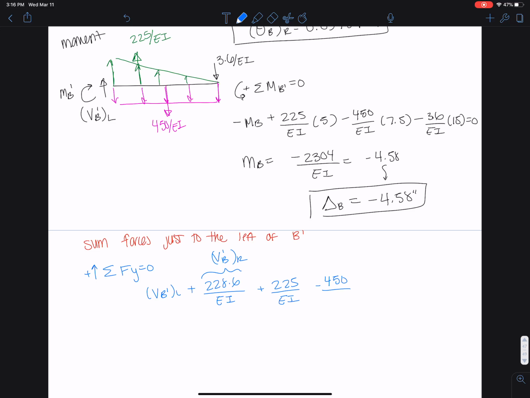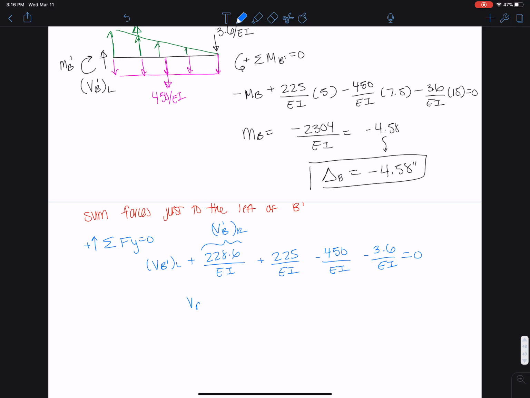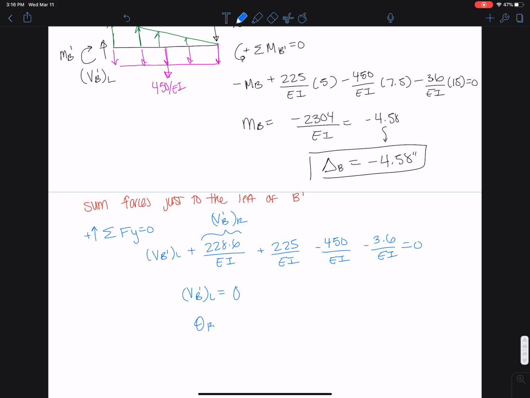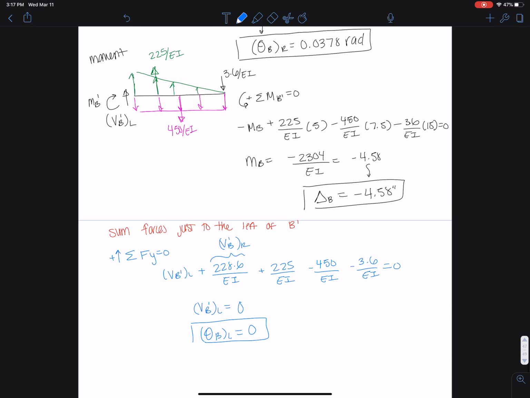I'm now just including that pin, or that internal hinge. Everything else stays the same, okay? And I can get VB prime to the left now is actually equal to 0. This all cancels out. So I end up getting that theta B at L is 0. Okay. And this is the solution.